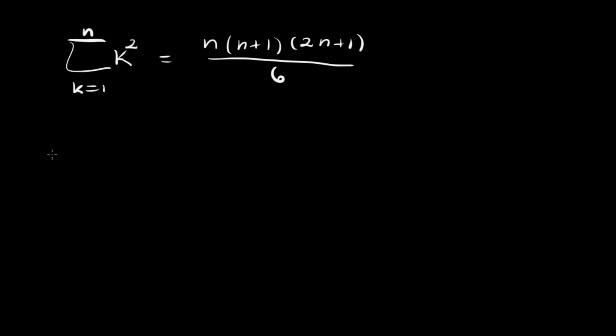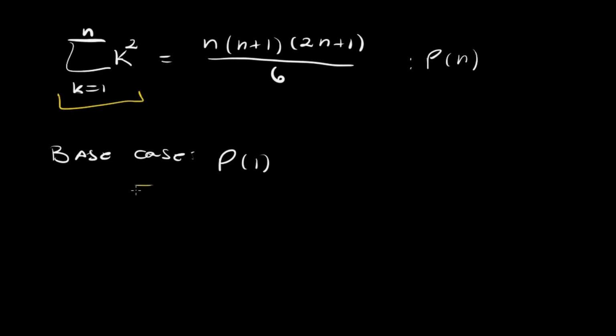Again, let's do the base case. This expression, I'm going to call it p of n. I want to prove p of 1. Now, this side is the sum from k equals 1 to 1 of k squared. This is 1 squared, which equals 1.